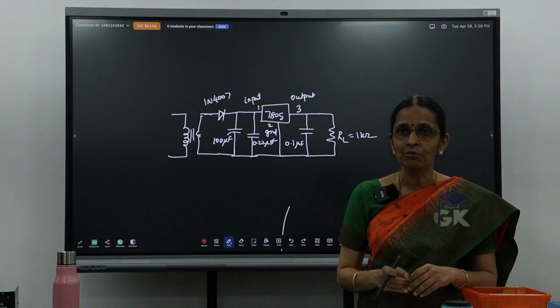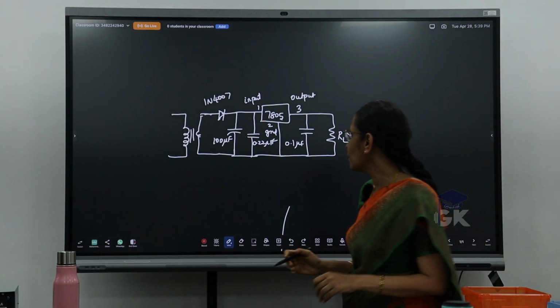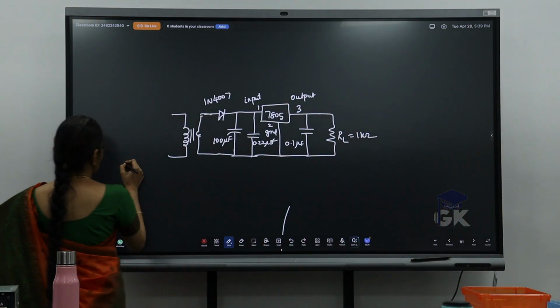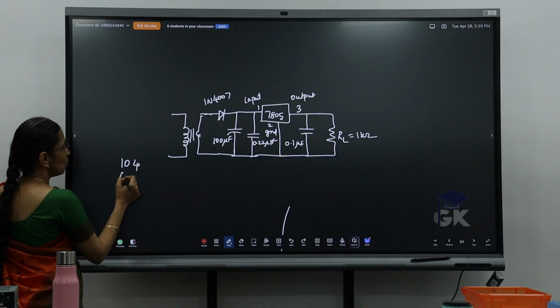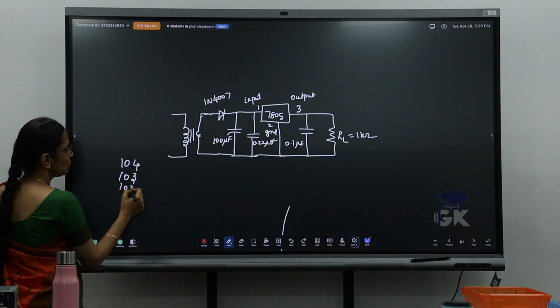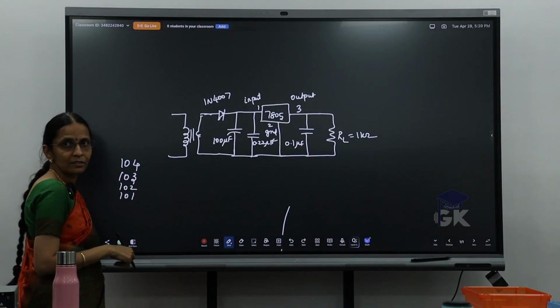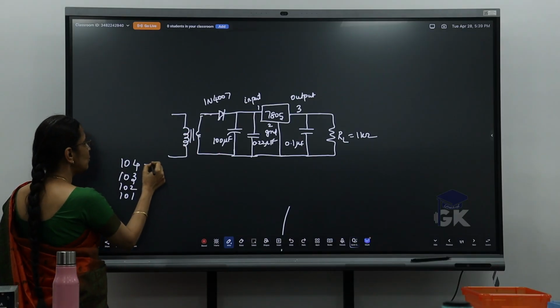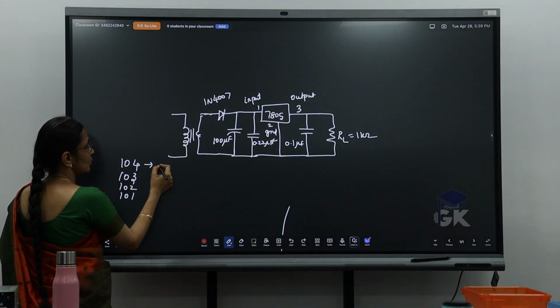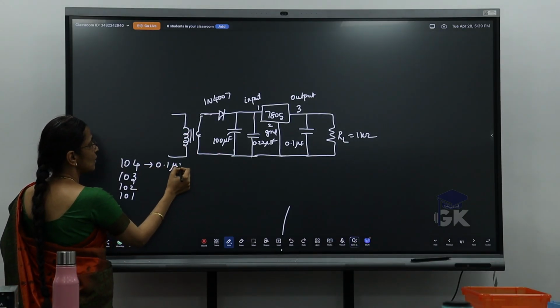So when I say 0.1, what will be the notation on my capacitor? 104. Okay, so I'll have the capacitor series like this: 104, 103, 102, 101, like that. So what is 104? 0.1 micro.